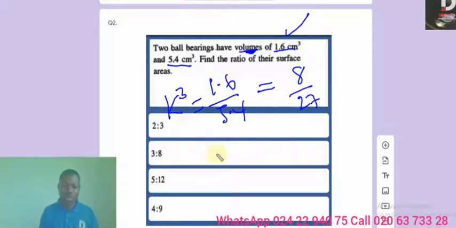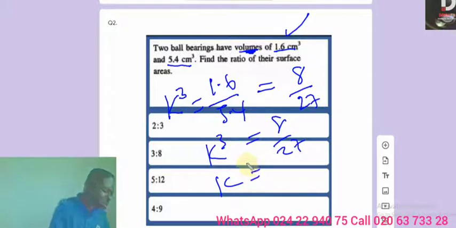Now let's go. So if K cube equals 8 over 27, we can find K. Put it in your calculator and go your way. This equation: put X in place of the K. So we get something like alpha cube power 3.